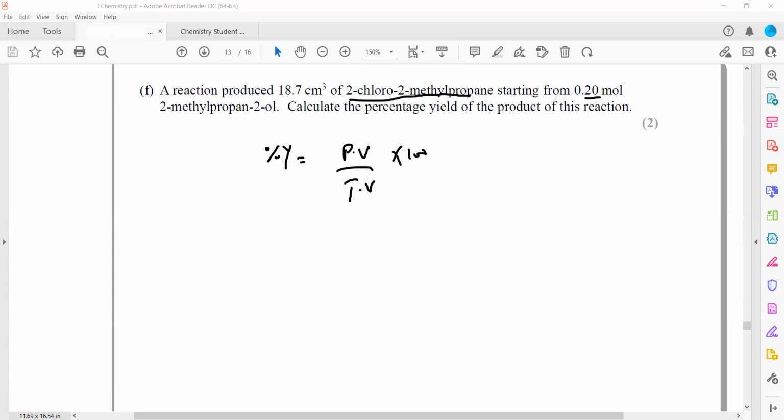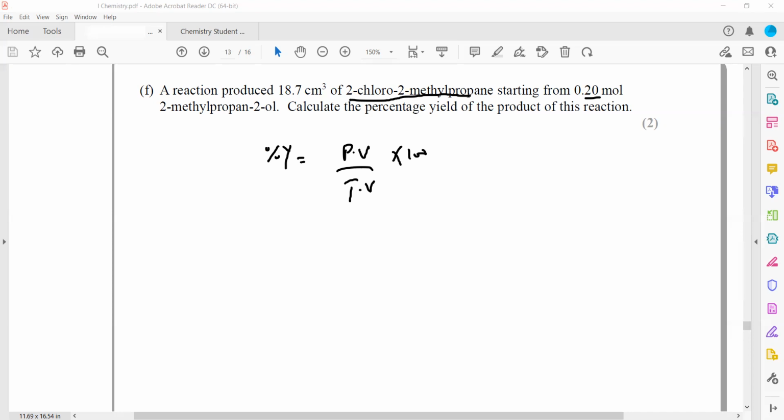So 0.2, that is the total number of moles of the reactant we are using. Using the volume of a product and the density, we'll find how much mass of product is produced. And from the mass of product divided by its molar mass, we'll get the moles produced.